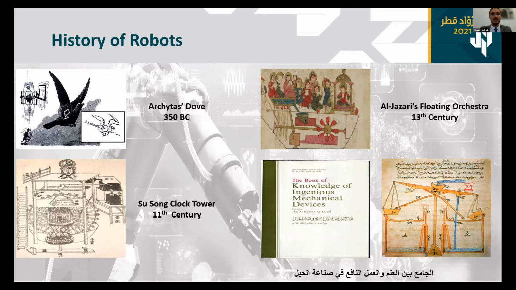Archytas is said to have designed and built an air or steam-powered wooden dove that was capable of flapping on its own. This was in 350 BC, where the air was released and it caused the bird to flap its wings and mimic the flying mechanism.